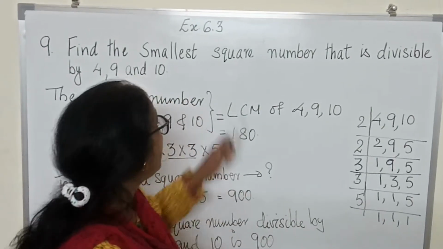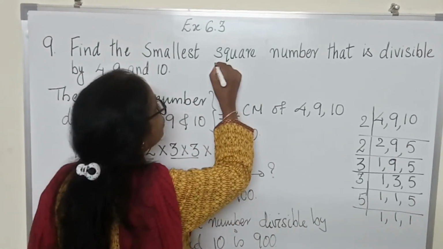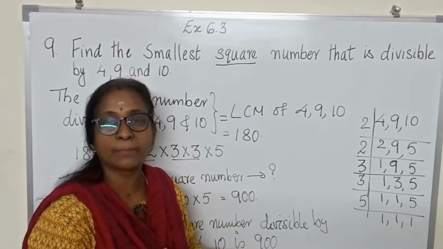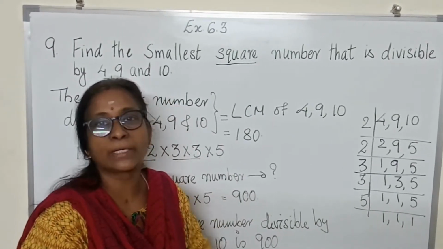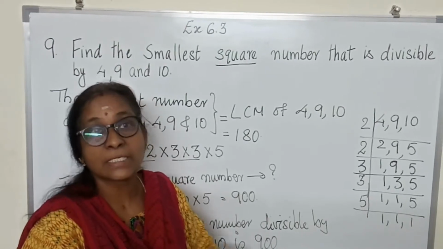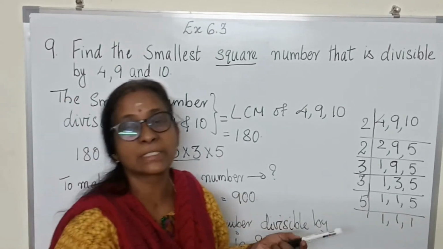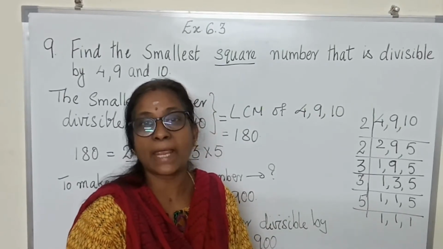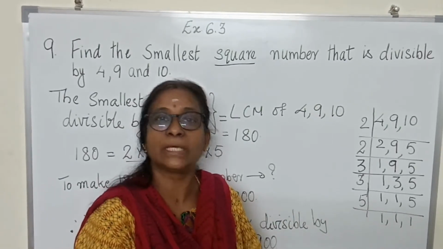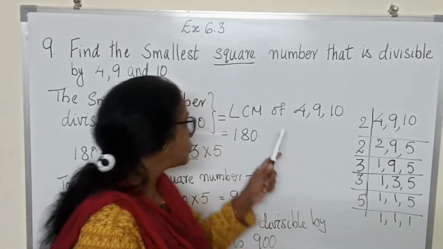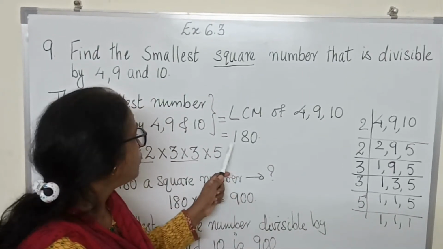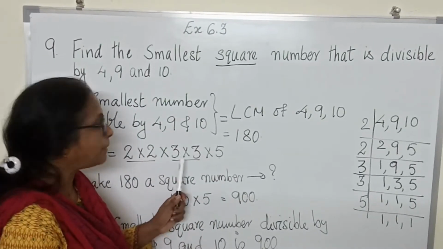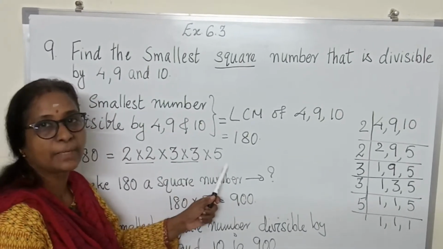Now we have to find the smallest square number. Check 180, is it a square number? If it is not, we have done some questions in the previous exercise on how to make it a square number by multiplying with the least number. So we will do that here. When you factorize 180, we get 2 multiplied by 2 multiplied by 3 multiplied by 3 multiplied by 5.